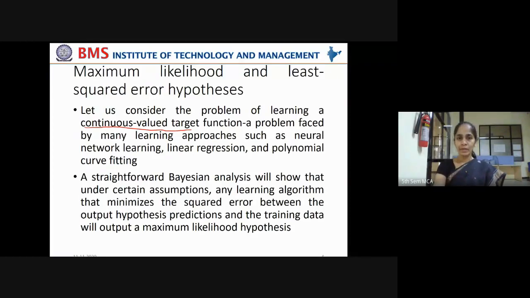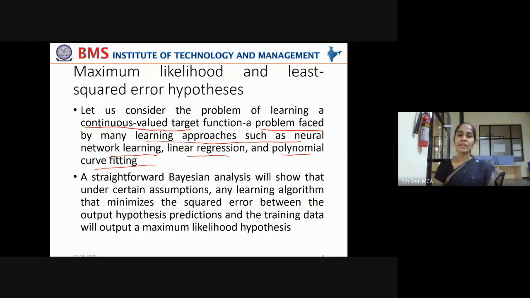Now, let us consider this problem of learning a continuous value target function, a problem faced by many learning approaches such as neural network learning, linear regression, and polynomial curve fitting.